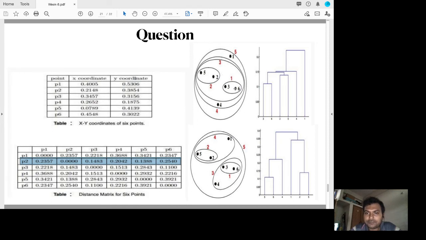In the top diagram, cluster 1 was merged with cluster 2. If you had gone by single linkage, then P2 and P3 has a distance of 0.1483 and P4 and cluster 1 has a distance of 0.1513. So you should obviously select cluster 2 as your third cluster.